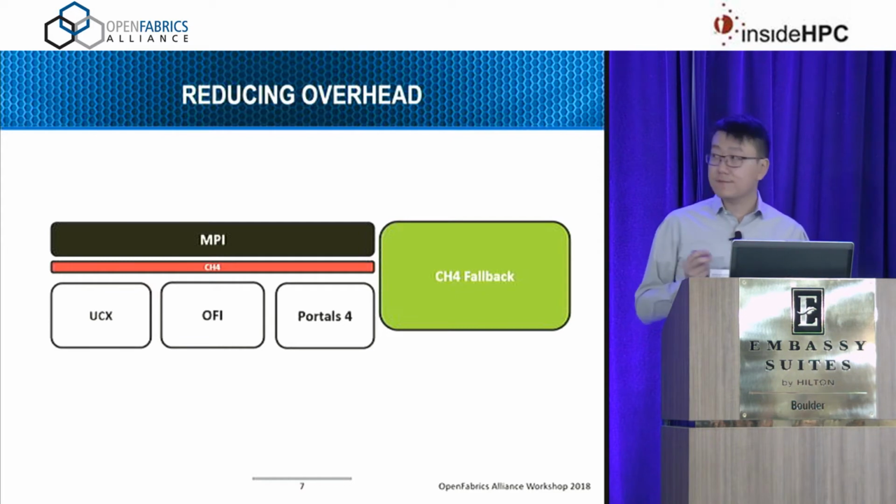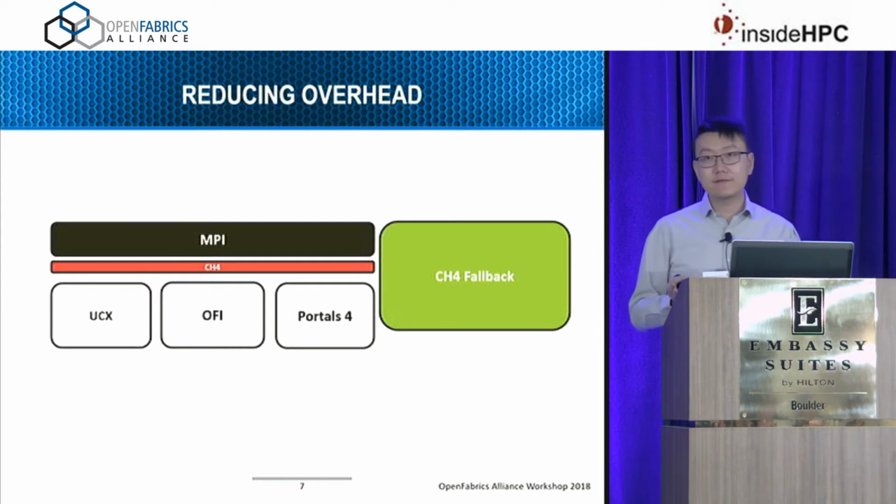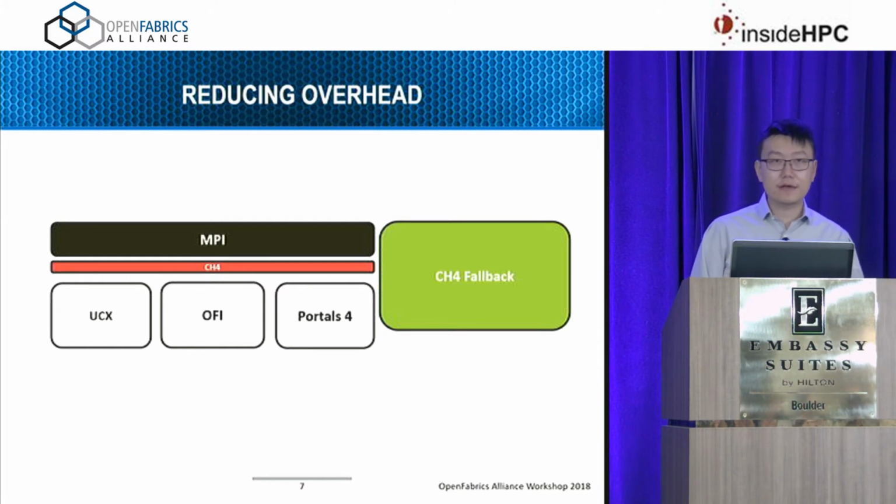And apart from that, there's a set of what we call CH4 fallback functionality that is optional if your hardware doesn't support certain features. So we have the entire active message-based communication model in the fallback, and we also have the collective algorithms in there.